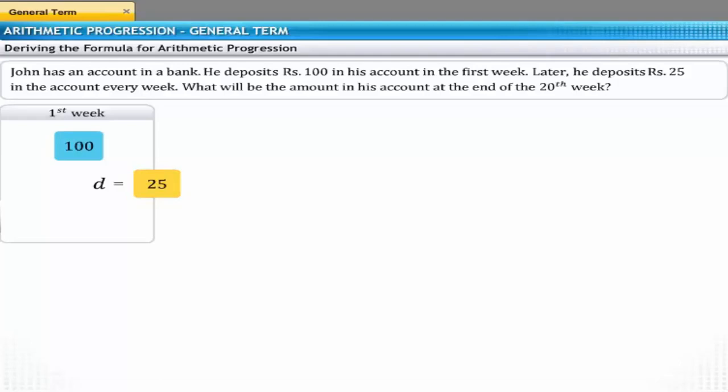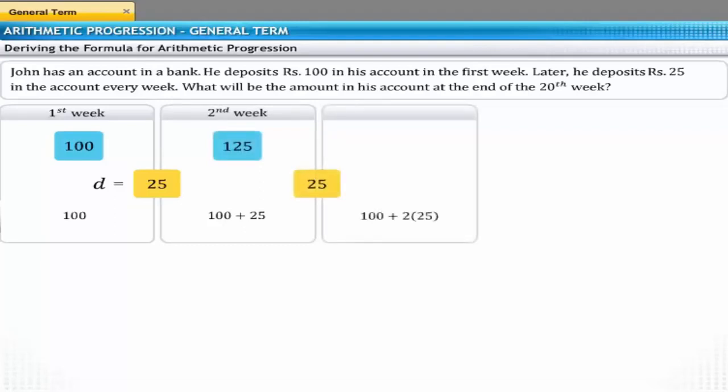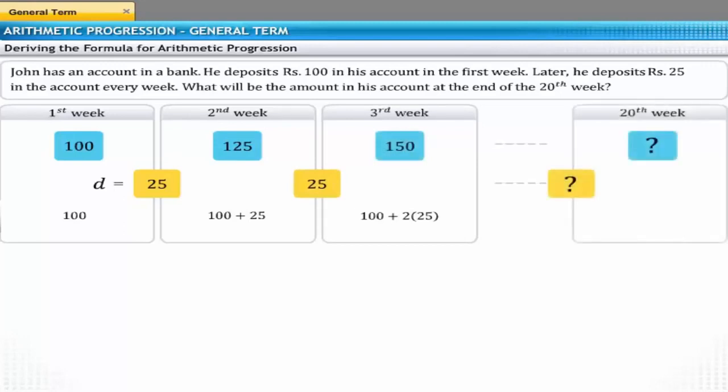Thus, the balance in John's account is 100 in the first week, 100 plus 25 in the second week, 100 plus 2 multiplied by 25 in the third week, and so on.